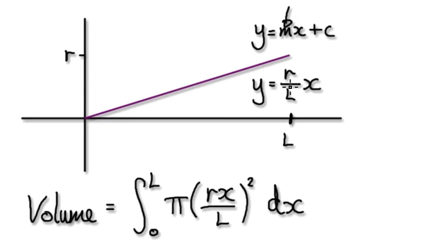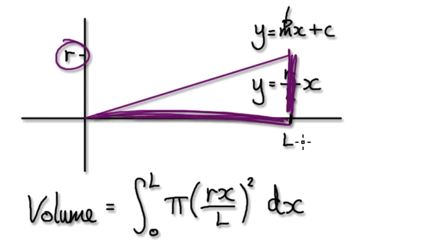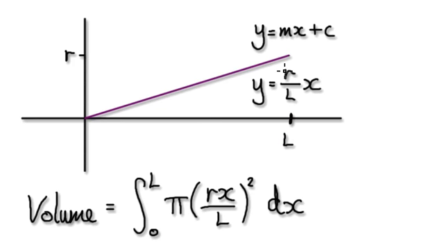The gradient m is the height, r, divided by the length, capital L, so the gradient is r over L. The intercept is 0, so we can ignore it. So the equation for this line is given by this.